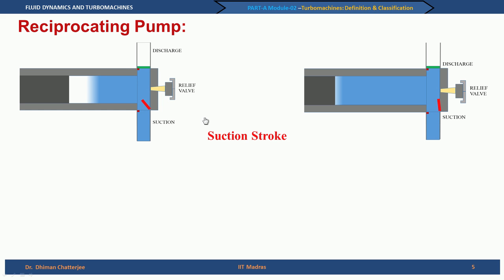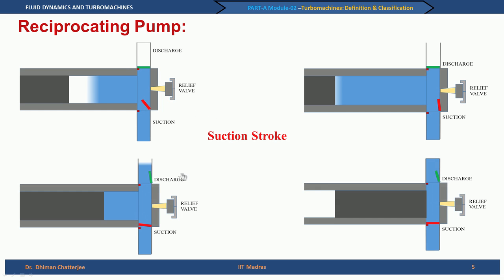Once the piston starts coming back, the piston is now pushing from my left to the right, and hence the pressure increases. As a result, the valve in the suction side closes, whereas the valve in the delivery side opens up, and hence the liquid flows out from the discharge side, and this shows the other extreme on the right hand side. So, this is known as the delivery stroke.